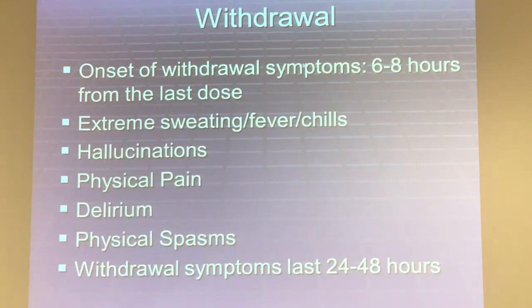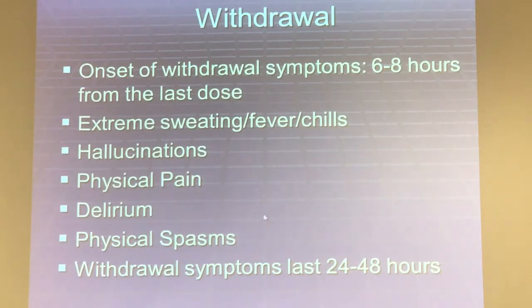The withdrawal symptoms, once you are chemically addicted, will usually start to onset between 6 to 8 hours from the last dose. And withdrawals from heroin suck. They are the worst withdrawals that pretty much exist within the drug world, of any of the things that we're talking about in the drugs unit. Extreme fever, sweating and chills, hallucinations, pain, delirium, spasms. These are all extreme for 24 to 48 hours straight.